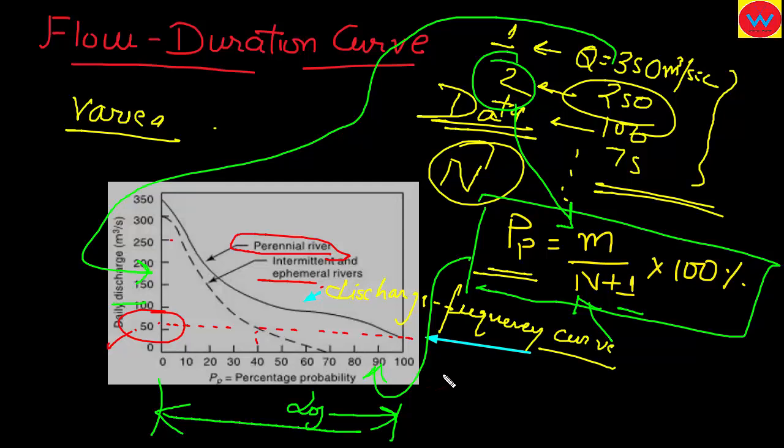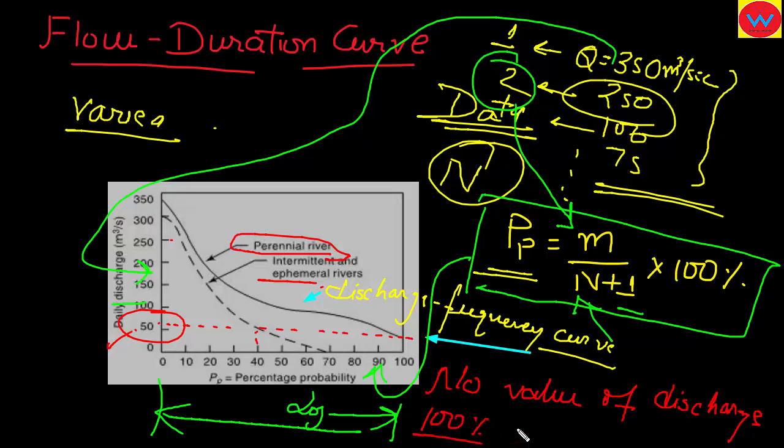It simply means that there is no value of discharge in such rivers where you will get 100% dependable flow. For these rivers the 100% dependable flow is 0 cubic meter per second.